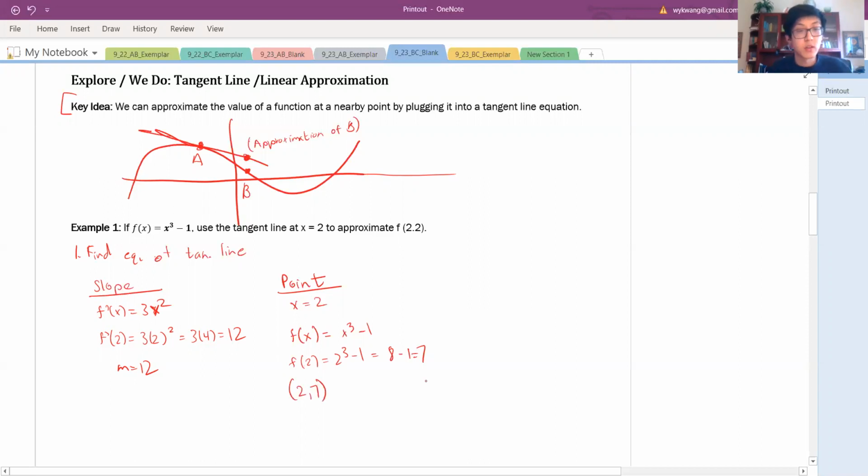So cool. We have our slope, we have our point. Now let's find our equation using point-slope form: y minus y1 is equal to m times x minus x1.